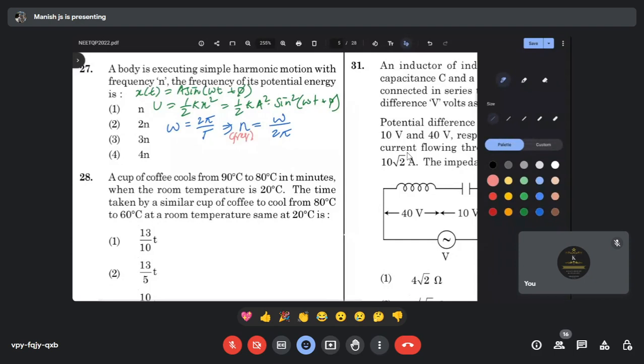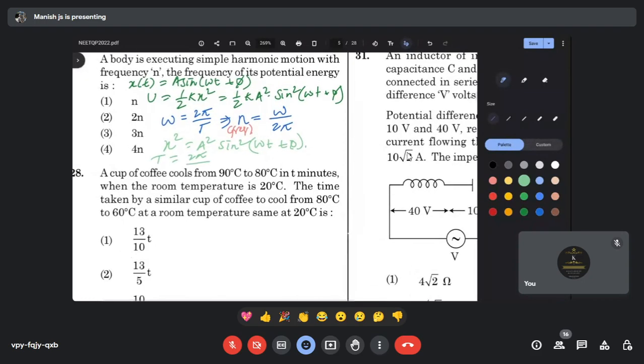Now the time period relation: what do we get for the time period? You can see that in the potential energy expression, the term is A square sine square omega t plus phi. So here the time period is going to be pi by omega. So T is 2 pi upon 2 omega.